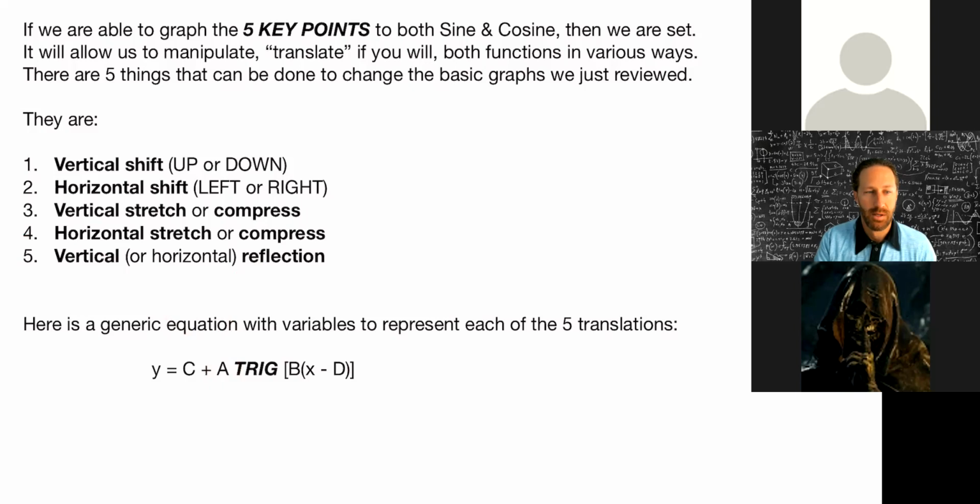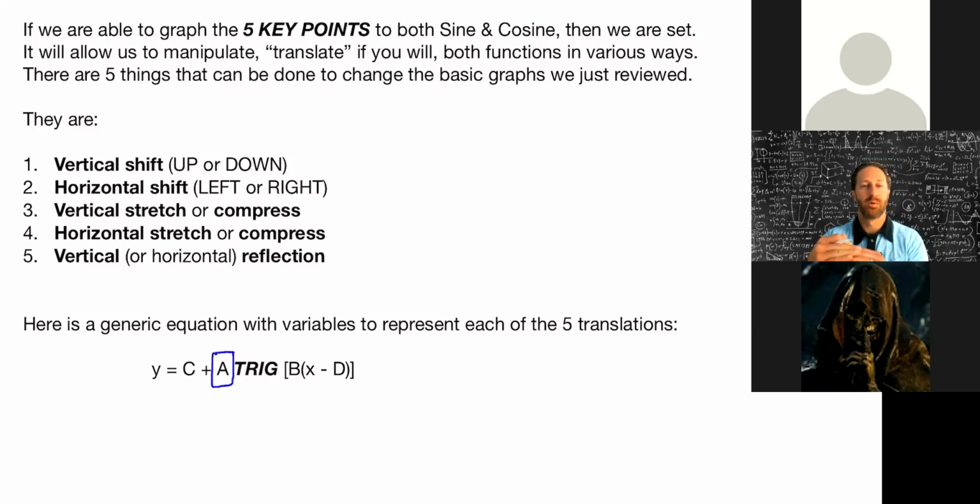Okay. So I'm just going to give you the letters that associate with each one of those 5 things. And then we'll do a couple of quick examples, and that's it. That's why I spent so much time on the first thing. Okay. This, not too much to it. So the A is going to be what we deal with, what is called the amplitude. Okay.